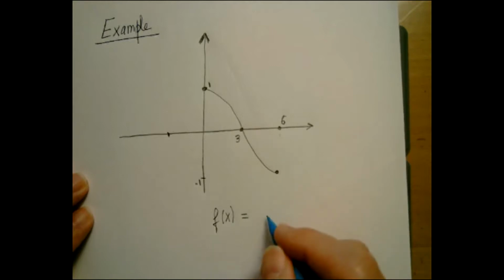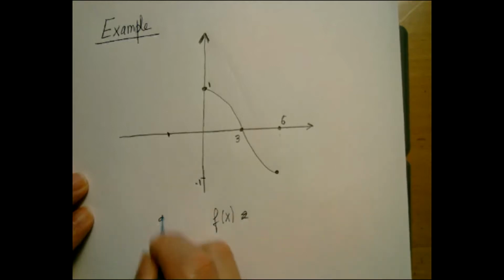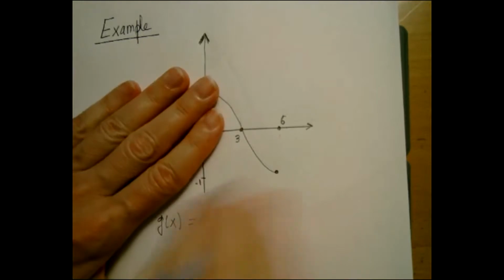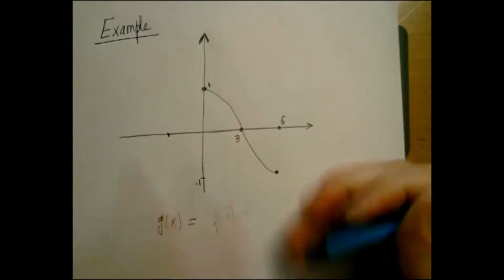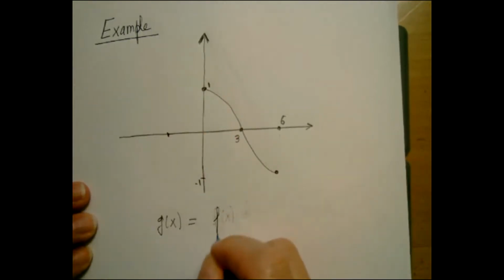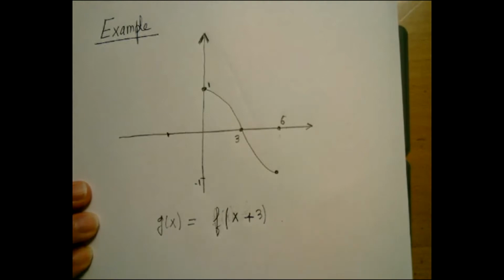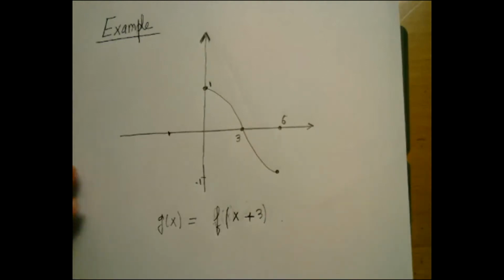I want the graph of g of x, which is equal to f at x plus 3. That's my new function, and the question is simply: sketch g. Is this an easy or a hard question?